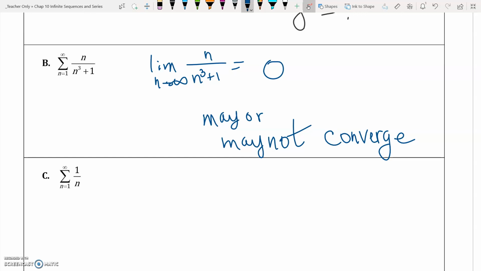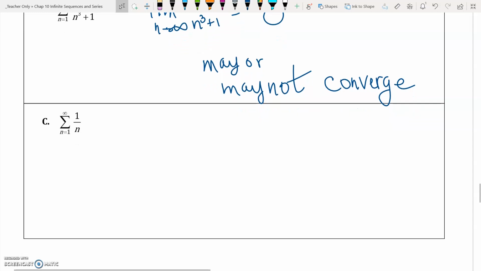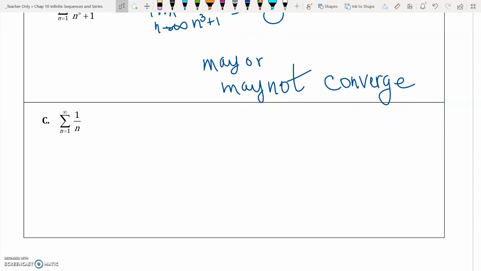So finally, we have one of the most basic series, which is 1 over n. When we look at that, we see that the limit as n approaches infinity of 1 over n is going to equal 0. But in this case, we cannot say that it converges. Here's why. This is a special series.